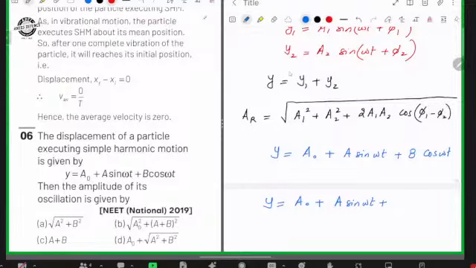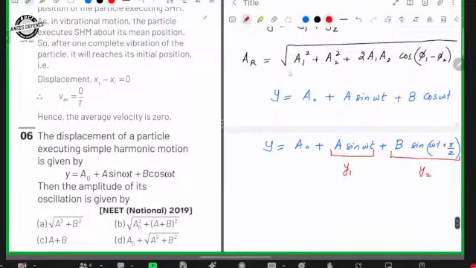Cos won't work here. We have to convert cos into sine. So I must write sin(omega t plus pi by 2), because through trigonometry we know sin(theta plus pi by 2) is cos theta. So this is our first SHM and this is our second SHM.